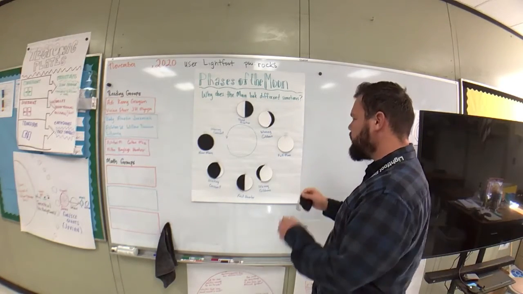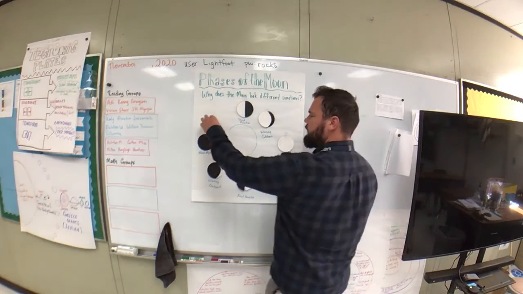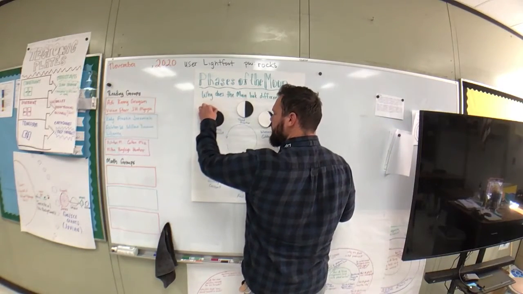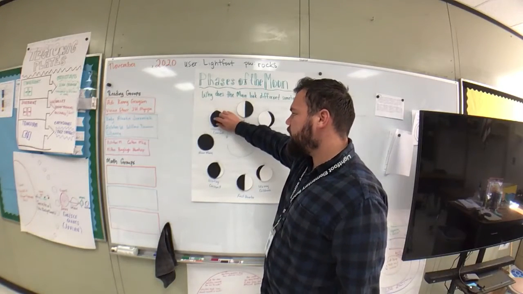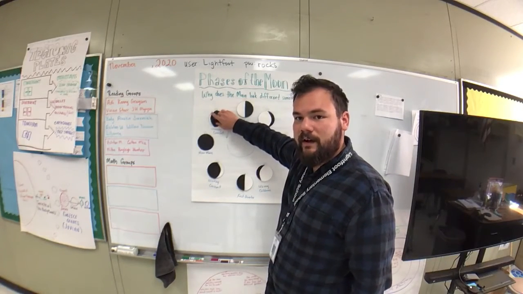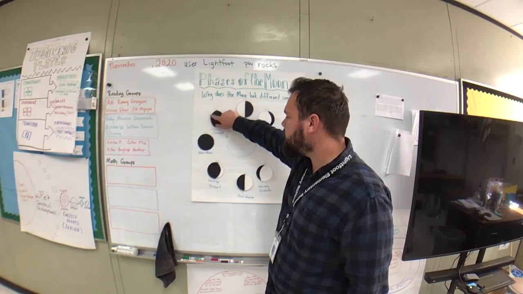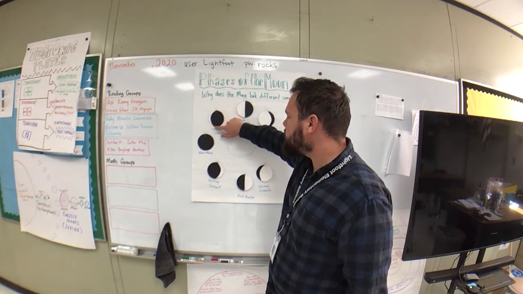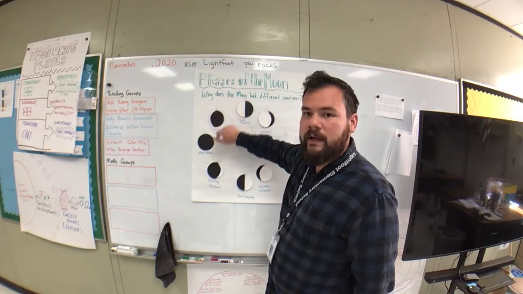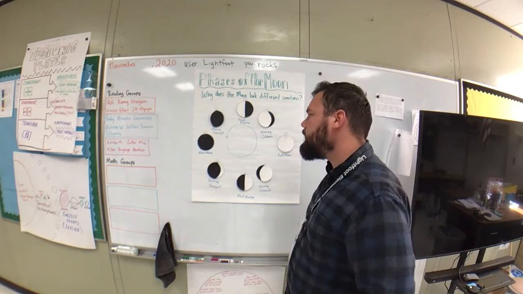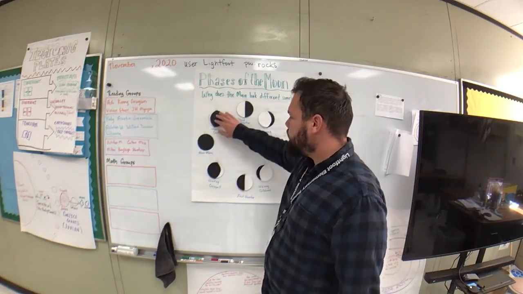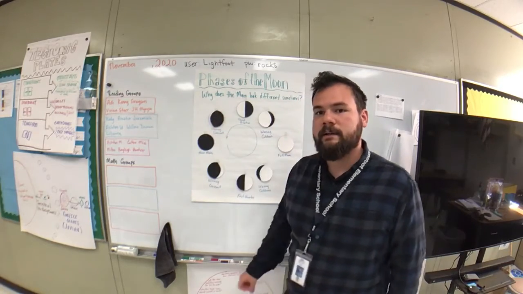And lastly, as we make our last waning step, we have a waning crescent moon. And again, we know it's a crescent moon because we only see a tiny sliver of light reflecting off of the moon from the sun, and most of it is no longer reflecting the sun's light. And then we make our way back to the new moon.